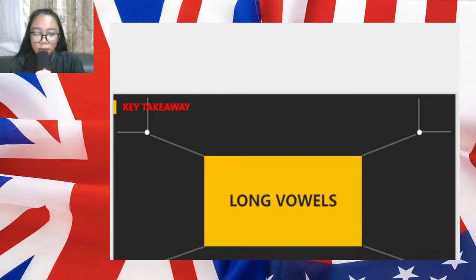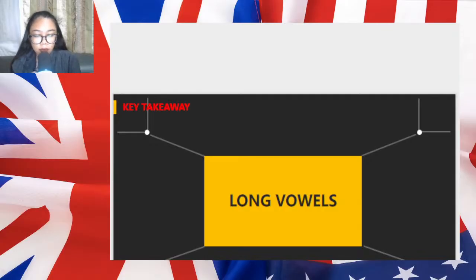Let's continue with the long vowel sounds. Before we dig deeper into the examples, let's try to understand what long vowels are. Long vowels are different from short vowels in a few key ways. For example, its duration. As their name suggests, you hold these sounds for a slightly longer period, so they are stretched out a bit more compared to short vowels.